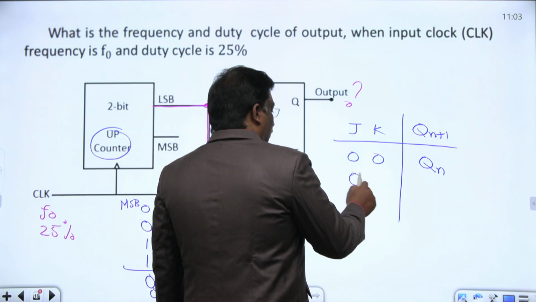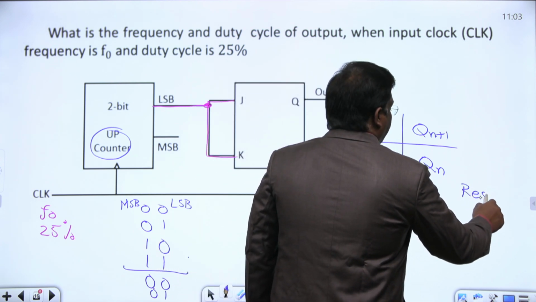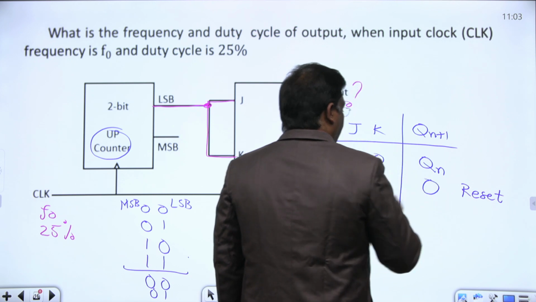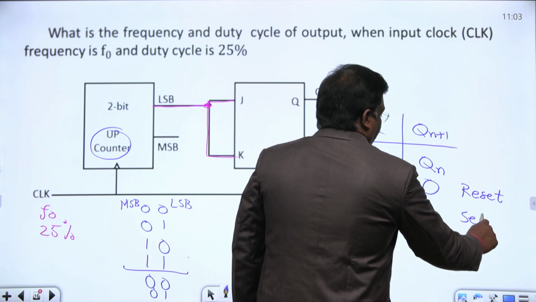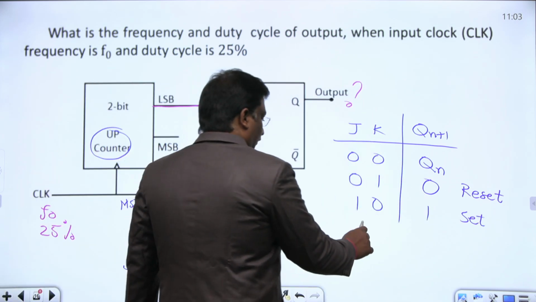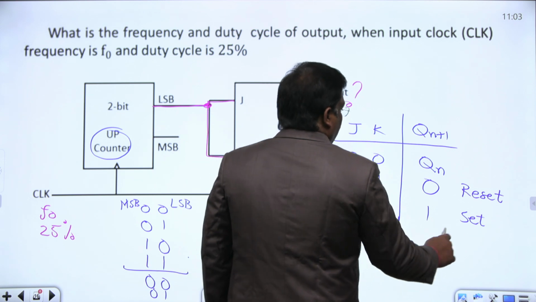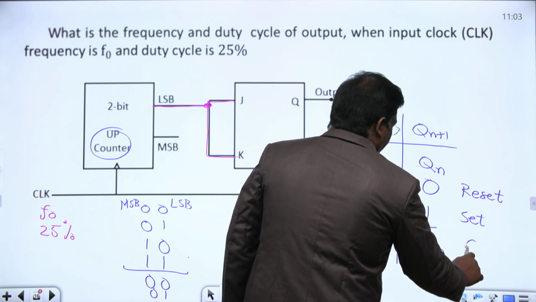If I take 0 1, this is the reset state. Reset means output will be reset to 0. 1 0, output will be set to 1. 1 1, if I give 1 1, output will toggle. This is called the toggle state or complement state.